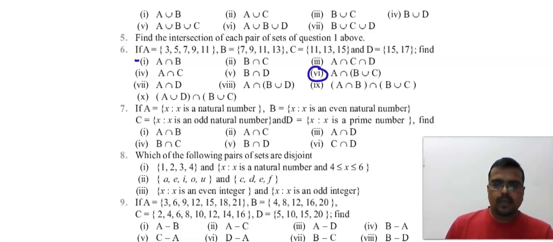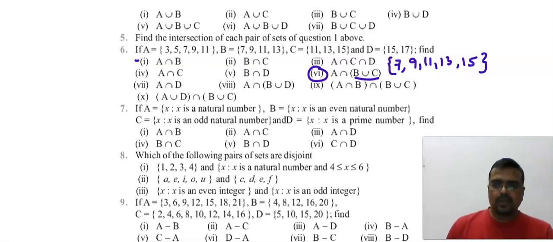Number 6 says A intersection B union C. So first of all we'll find B or C. So whatever is there in B or C, we'll find that first. So I'm writing B union C. 7, 9, 11, 13, 15, right? Whatever is there in B or C is B union C. Intersection is the common part.